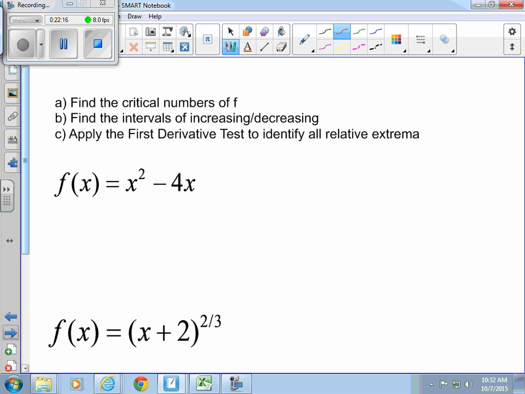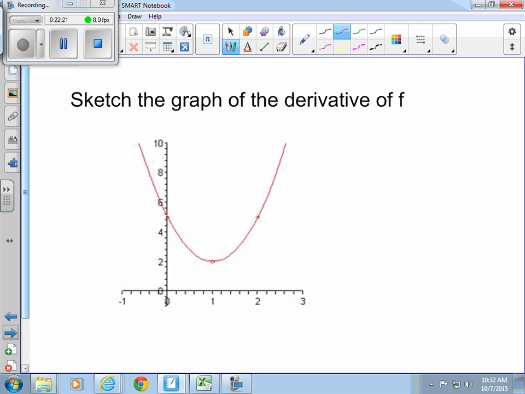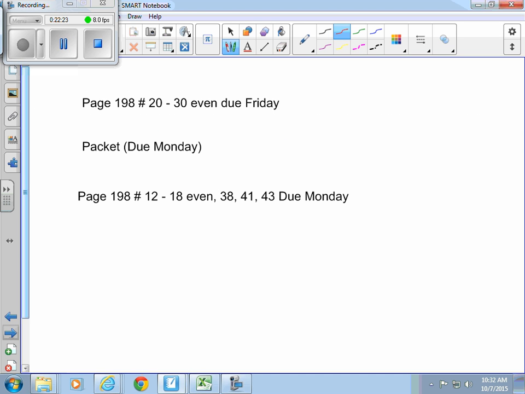Okay, and we've got lots of time on this. We have a lot more to talk about with it. Page 198, 2 through 20, 20 through 30 each is due on Friday. I'm not even going to hand it out yet today because there's too much we can't do yet.